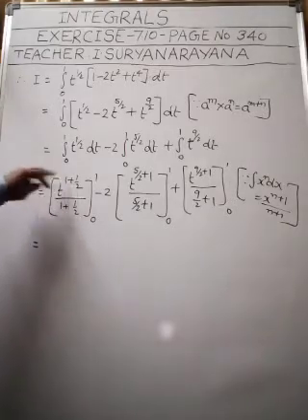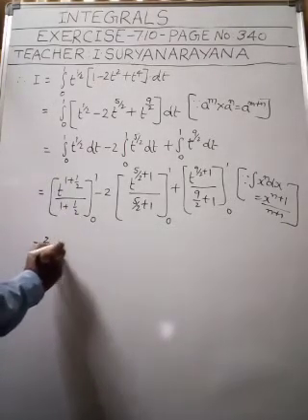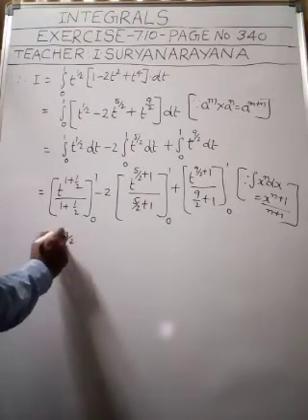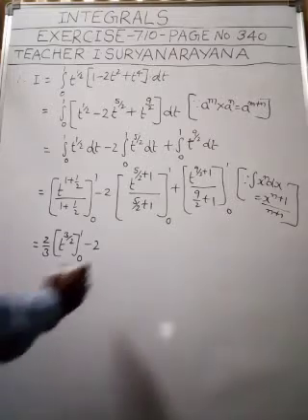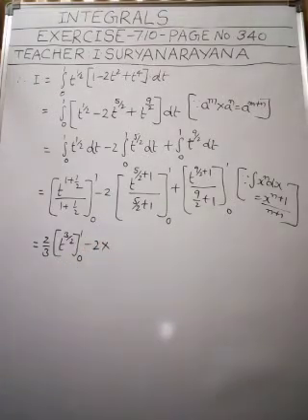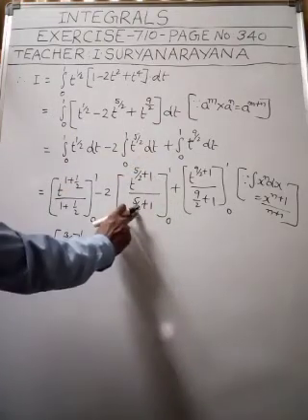Then what do you get? t power 3 by 2, here also 3 by 2. Then we get 2 by 3 into t power 3 by 2, limits 0 to 1. Okay, my children, understood this one? Here what will you get? 5 by 2 plus 1, 7 by 2. So here also we get 7 by 2.